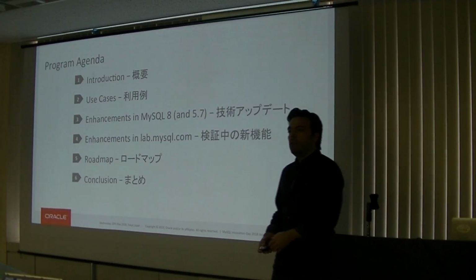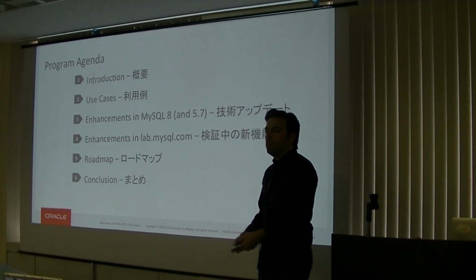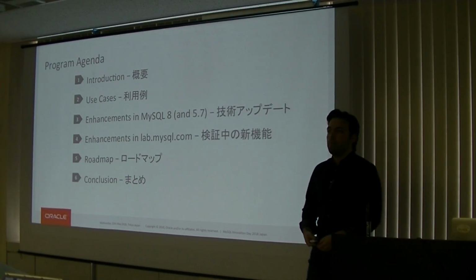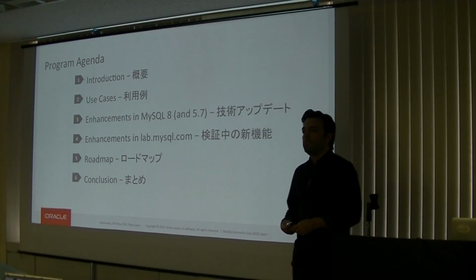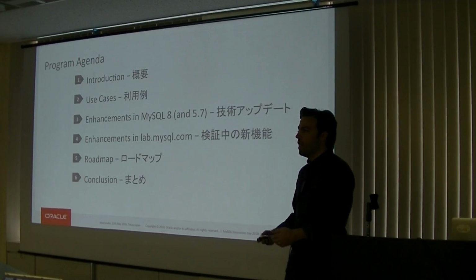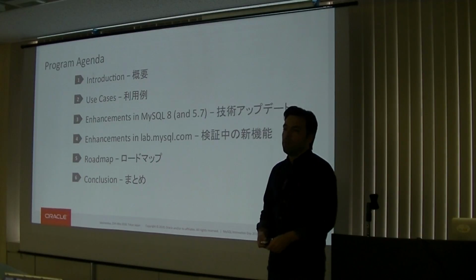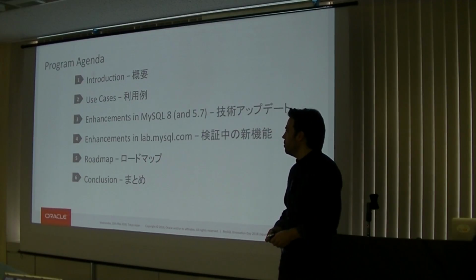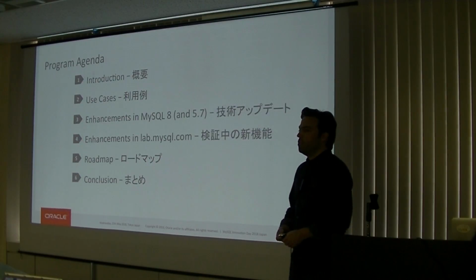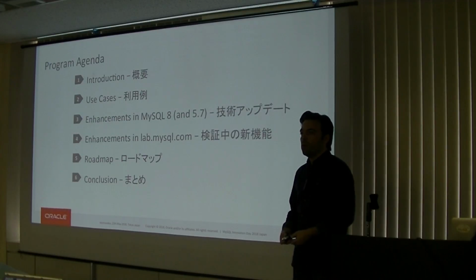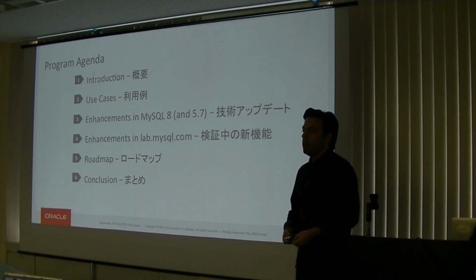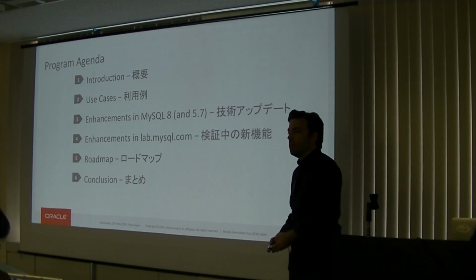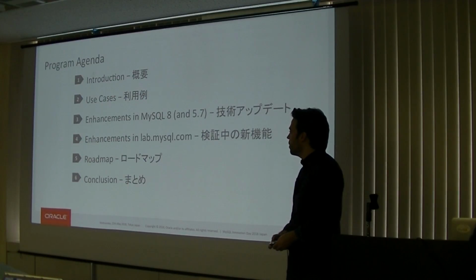Then talk about what we have been doing recently in MySQL 8 and also things in MySQL 5.7 because we backported a few features from 8.0 to 5.7 so that we evolve the product to help you make the most out of it, and by making the most out of it, enhancing your business.